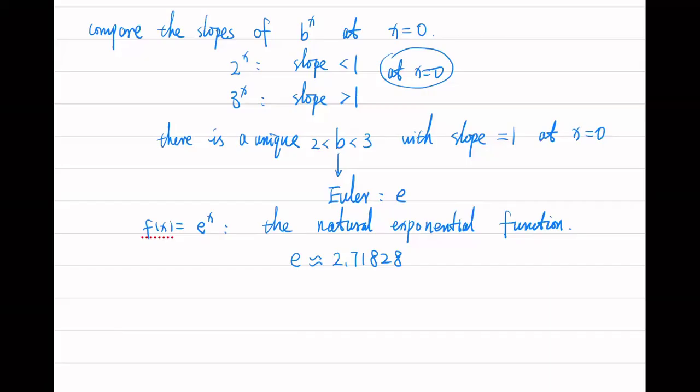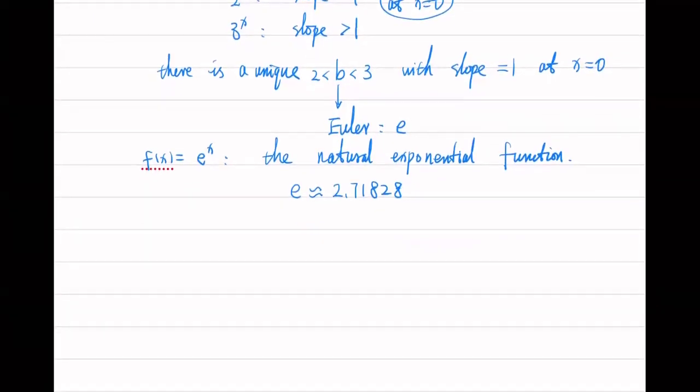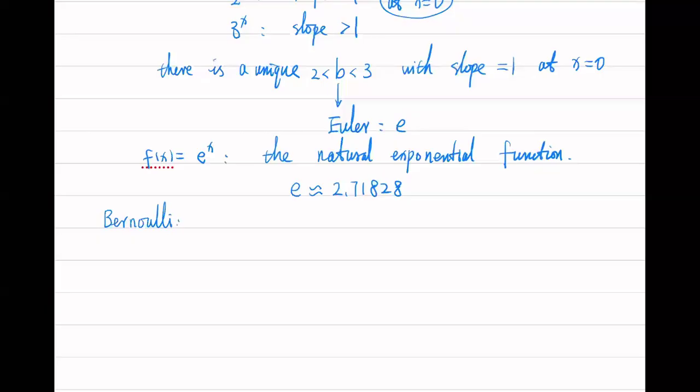Sakina, have you seen this number before? Do you know other stories about this? So there's another mathematician called Bernoulli. He kind of discovered the same number when he studied continuously compounding interest. Yes, compounding.